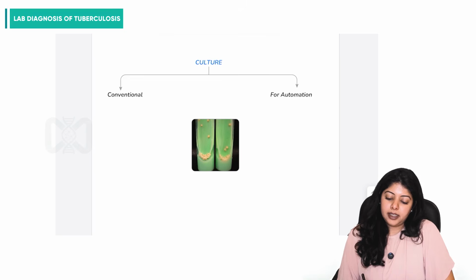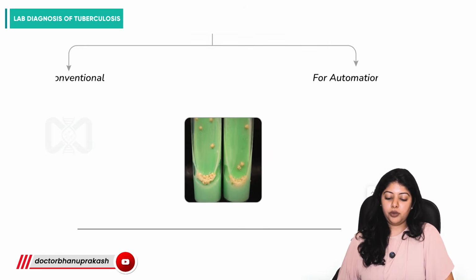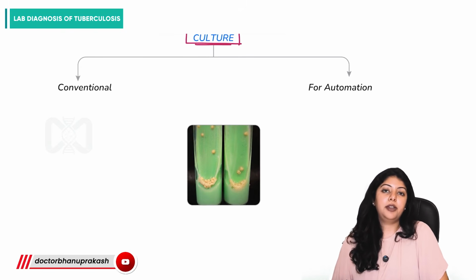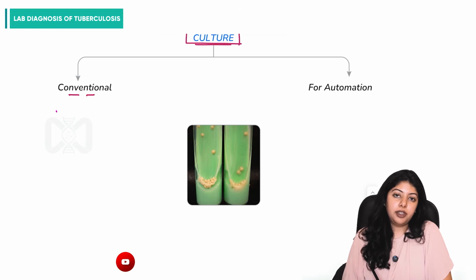And then coming to the next step, which is the culture. So what are the conventional culture methods? Most of you by now know what the most common culture media that we use is.